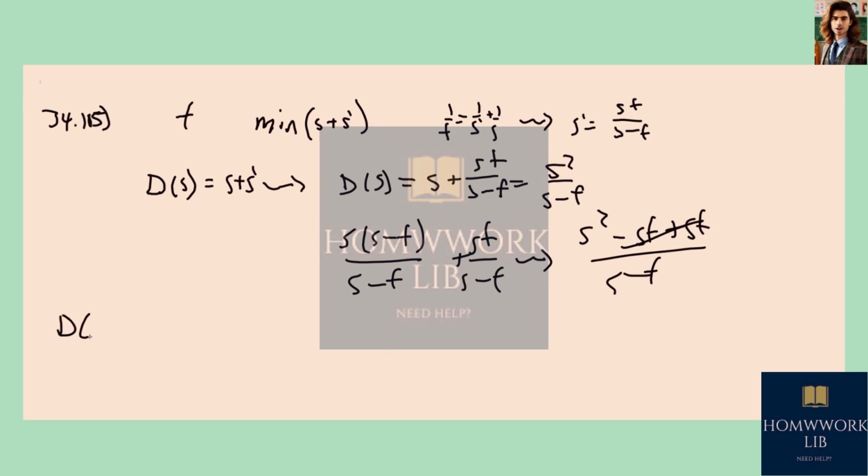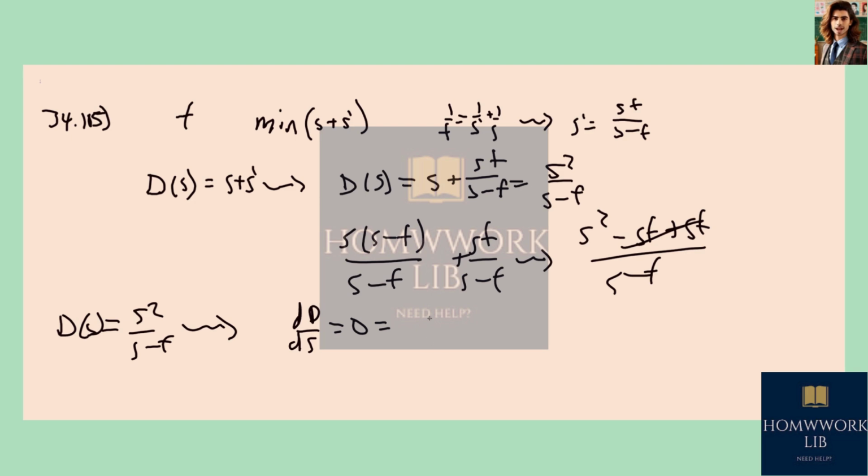So if our d of s is now just s squared over s minus f, we want to minimize this. So we need to take the derivative with respect to s and set that equal to 0. So we say 0 equals the derivative of this. We're going to have to use the quotient rule here.